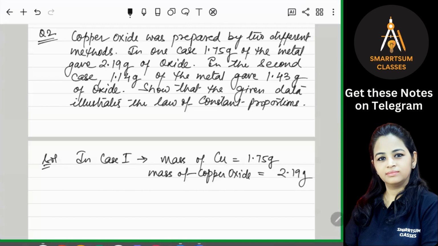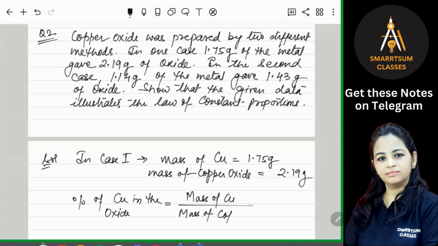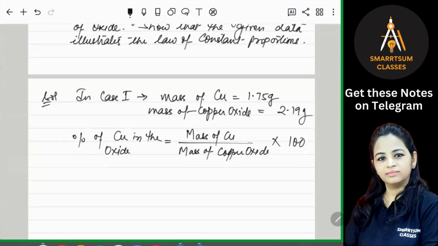So let's find the percentage of copper in the oxide. That is mass of copper upon mass of copper oxide, into 100. So the mass of copper is 1.75 gram upon the mass of copper oxide, 2.19 gram, into 100.